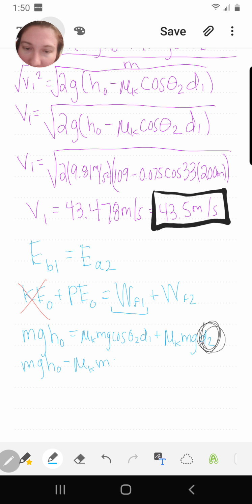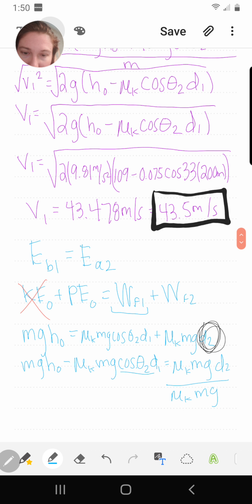Cosine of theta 2 equals mu k mg d2. We divide to cancel these guys out.